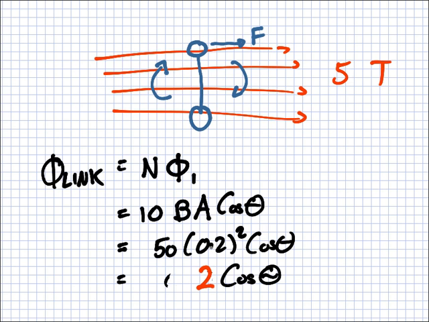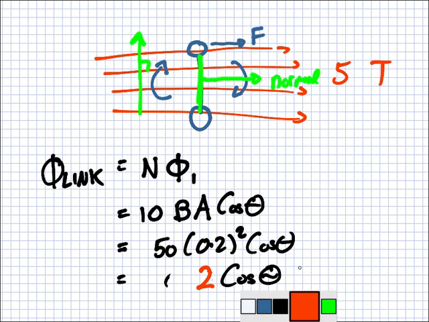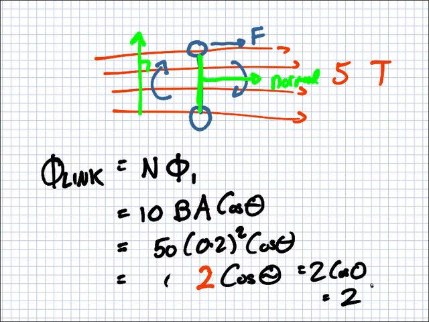The way you measure the theta for these problems in this formula is you look at the angle between the normal on the plane and the field. So when it's in this position, what's the angle between the normal and the field? Well, they're parallel. It's 0. It would be 90 if it was like this. So this is equal to 2 cos 0, which is equal to 2 Webers.